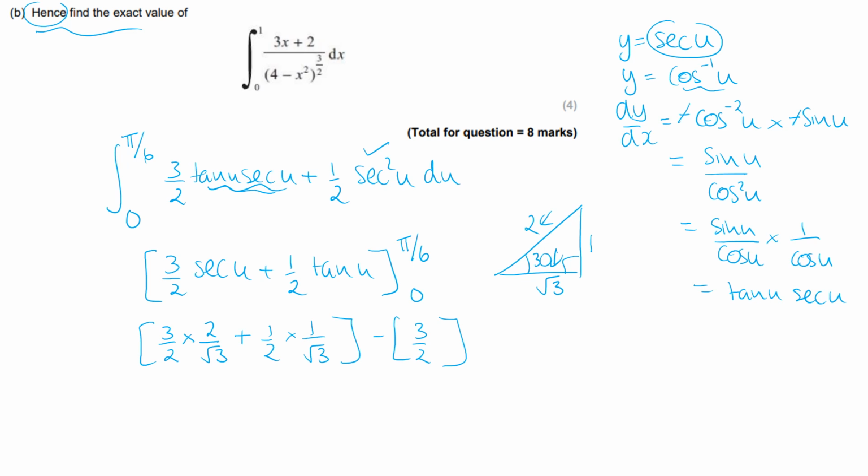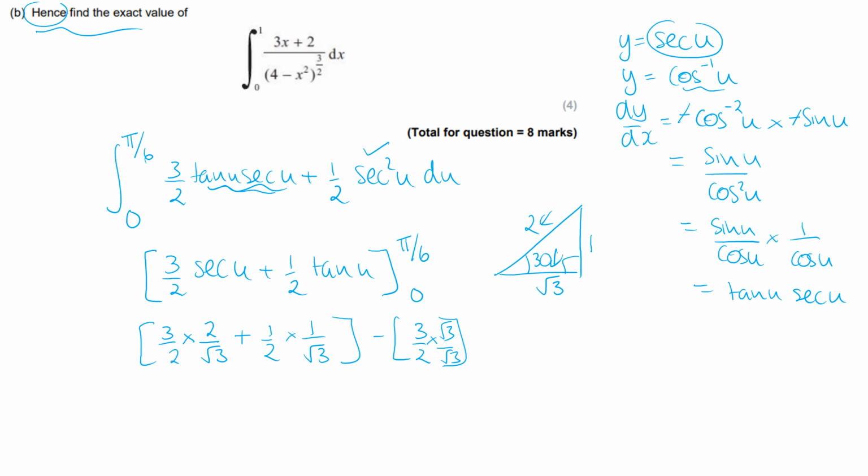So we can see we've got a common denominator of 2 root 3, so let's just times this by root 3 over root 3, and then everything's got a common denominator. We can see these would cancel, but let's leave them as they are.